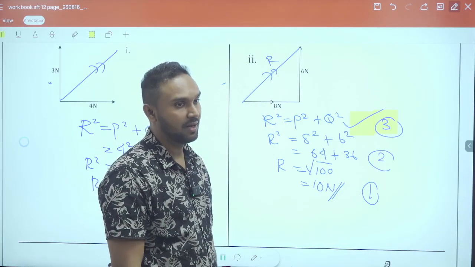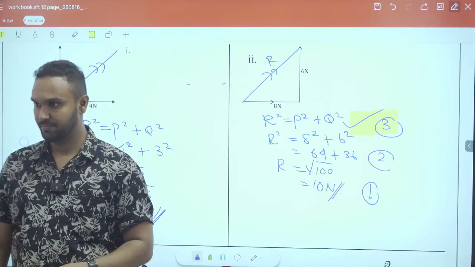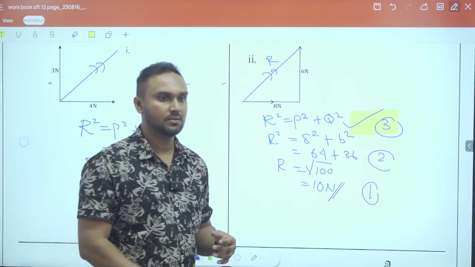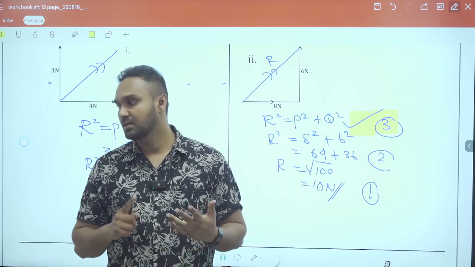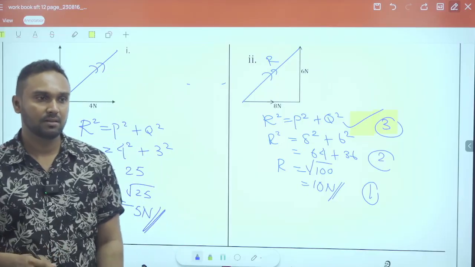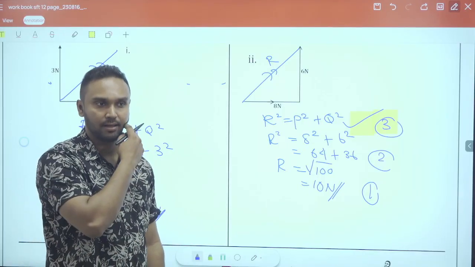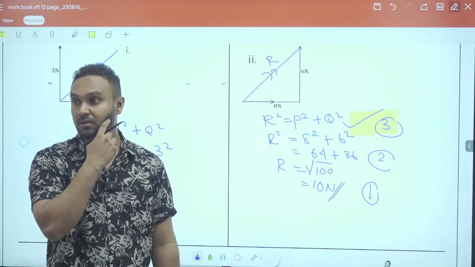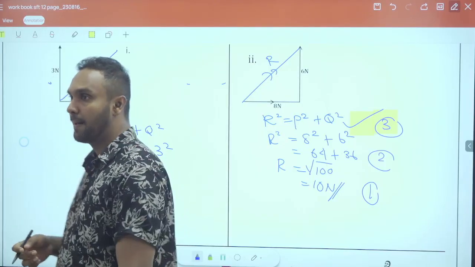Out of 6 marks, 3 marks are given for applying the formula. So in essays and structured essays you can't do that. But for the MCQs, remembering the Pythagoras triplets is a good method, because you can jump to the answer quickly and save time. It's a good trick, but only for the MCQs.